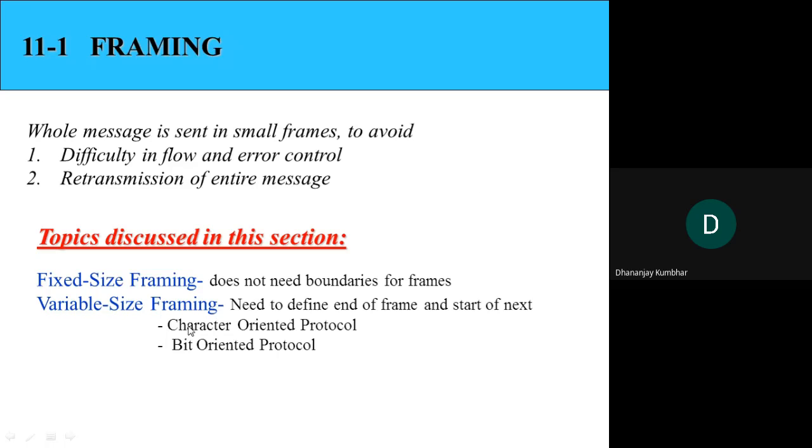Rather, we prefer variable size framing, so that depending upon the length of the message, we can form the number of frames. In practice also, we go for variable size framing only.